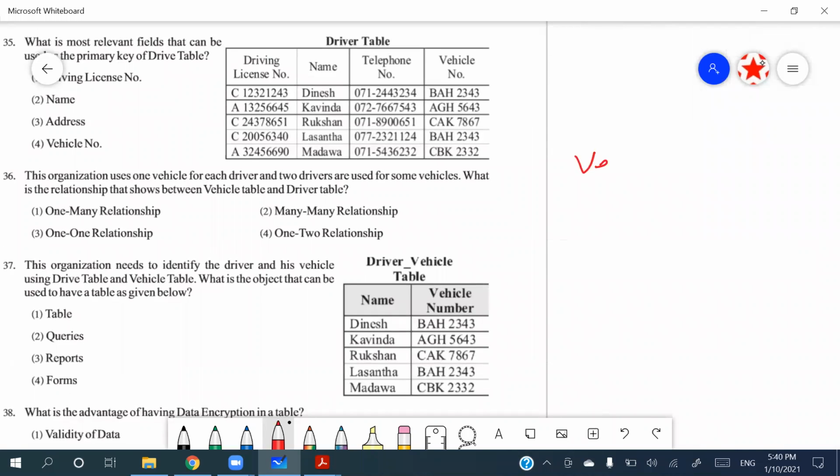So if we take vehicle and driver, this uses one vehicle for each driver, one vehicle for one driver, and two drivers are used for some vehicles. So that means the organization uses one vehicle for each driver and two drivers are used for some vehicles.